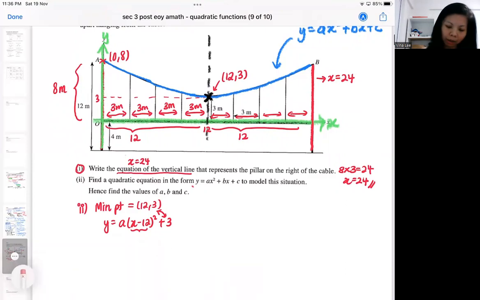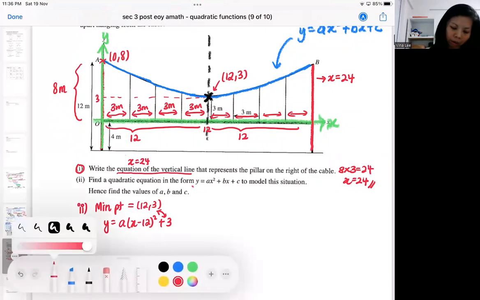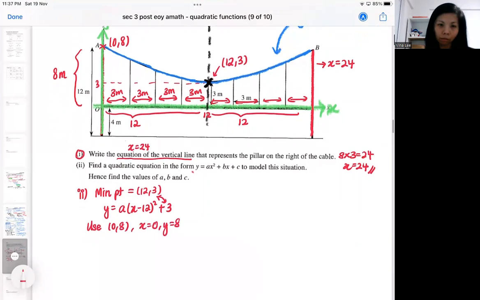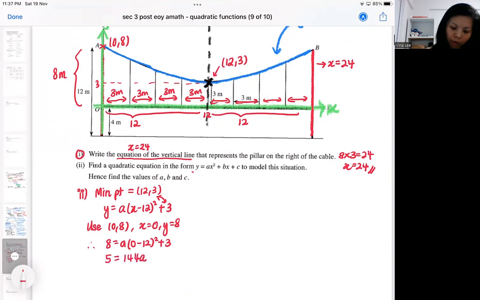But if I do this format, I will have an unknown a. So I'm going to use the y-intercept to find the unknown. That means x is equal to 0, y is equal to 8. If I do that, I'll get 8 equal to this. And slowly I will expand out, so eventually I will get my value of a.